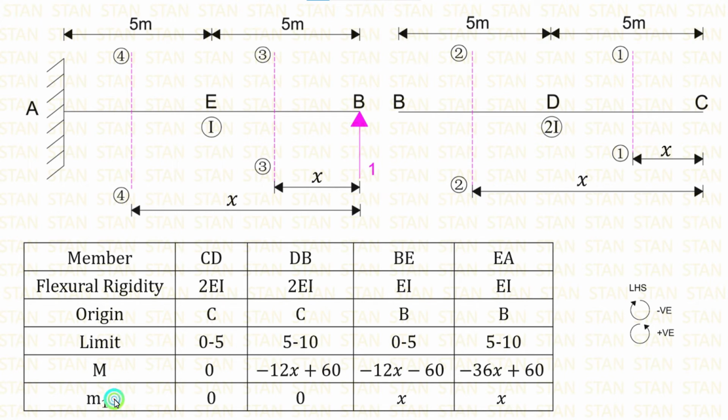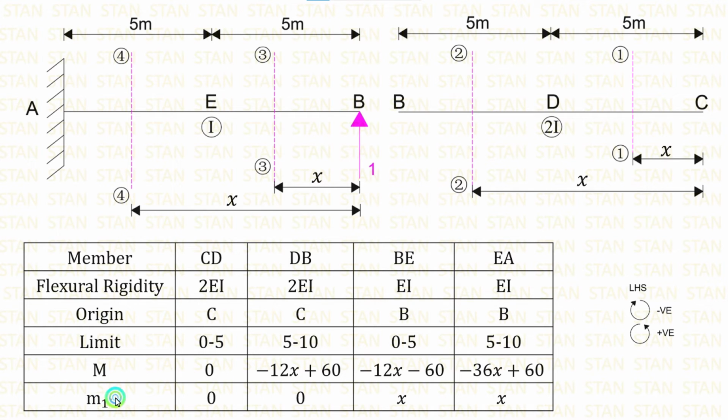Now let us find M1 for CD. Up to the section there is no load, so M1 will be 0. Now let us find M1 for DB. Here also up to the section there is no load, so M1 for DB is also 0.